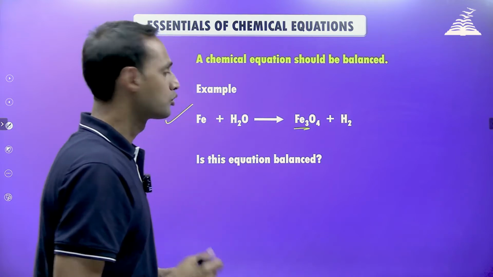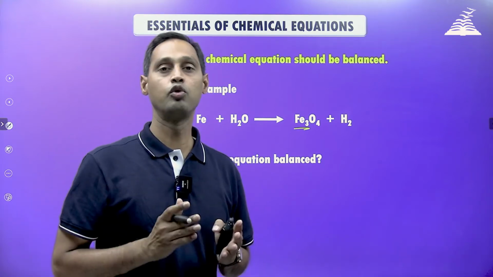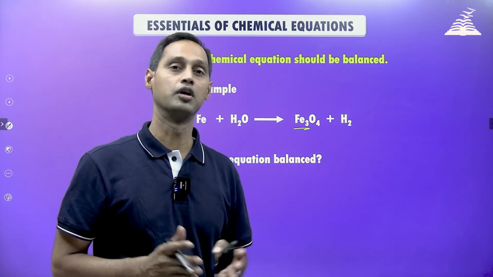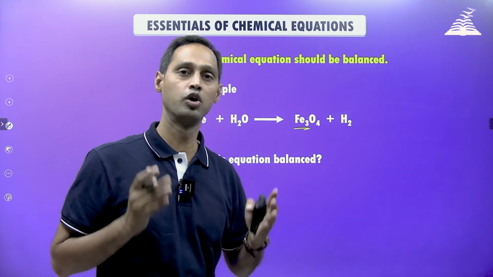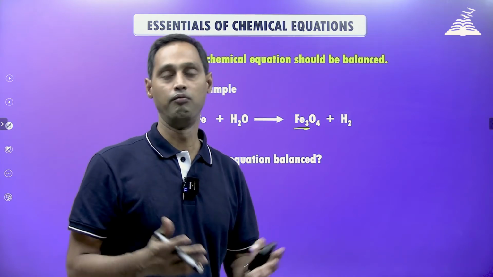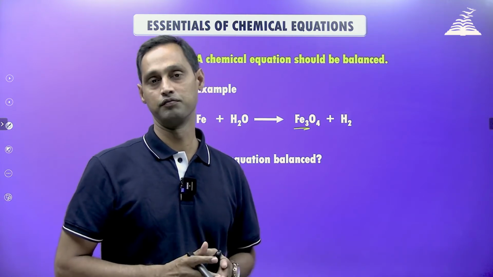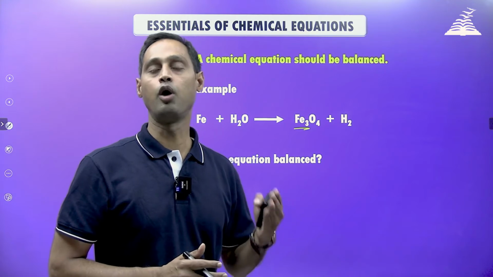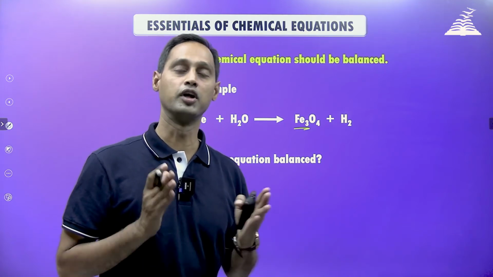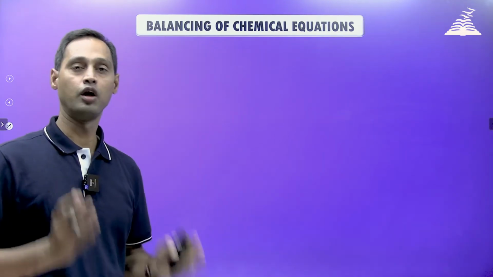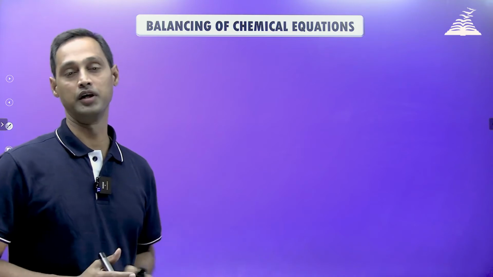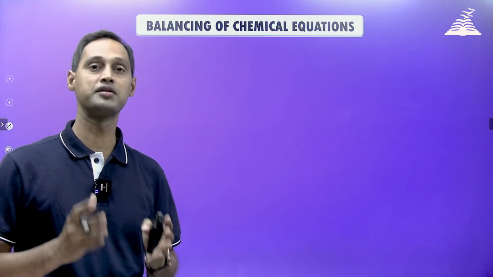So you might be wondering how to balance a chemical equation and what is balancing. Now we will learn how to balance a given chemical equation. So we are now learning balancing of chemical equations. What is a balanced chemical equation?